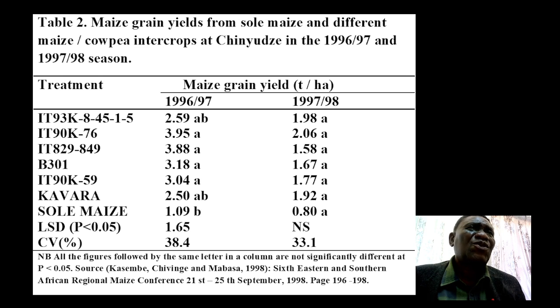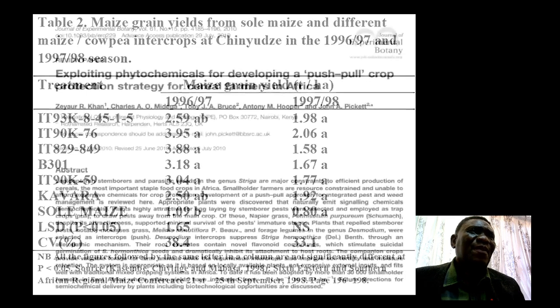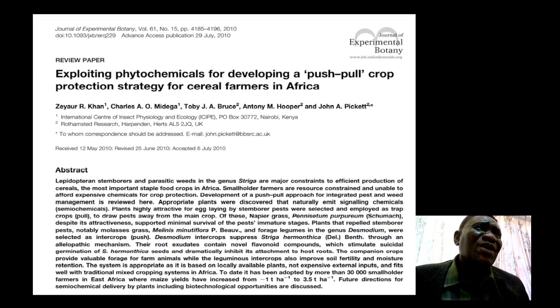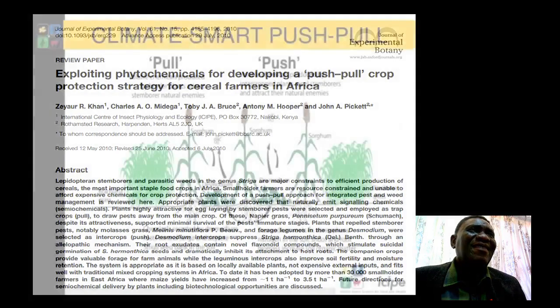So here we've got sole maize. If you compare sole maize with intercropping, you find that there's less yield in sole maize. And this is because of the effects of intercropping on the parasite. So you can explore this on this paper if you want.